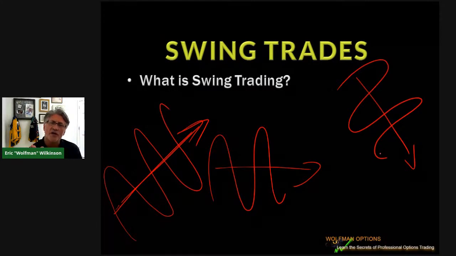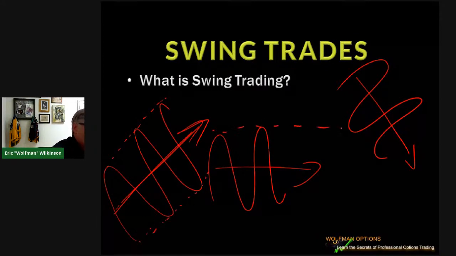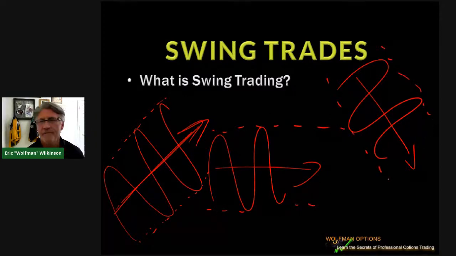Now, the next thing we want to do when we're looking at a swing trade is once we've identified that trend, and we can see this resistance area where the underlying has a tendency to lose the momentum to the upside or find some support on the downside. Again, find the resistance, find the support, find the resistance, find the support, all right? So that's the second step. First step, find that overall trend, bullish, neutral, or bearish. Second step is to find the support and resistance areas of this overall underlying.